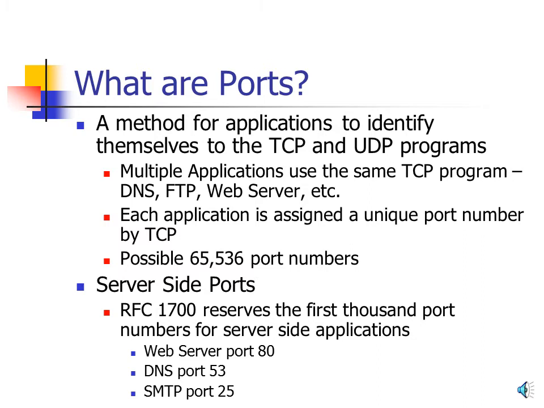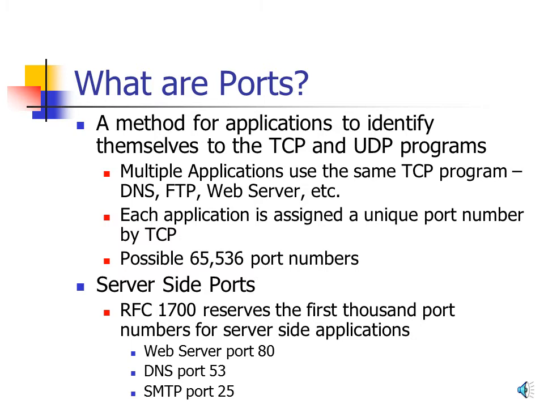RFC 1700 reserves the first 1,000 or so port numbers for server-side applications, and it specifies that specific applications will have standard numbers. For instance, all web servers use port 80. All DNS servers use port 53. All mail servers that use SMTP use port 25.